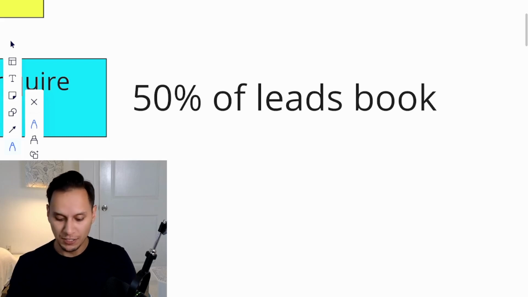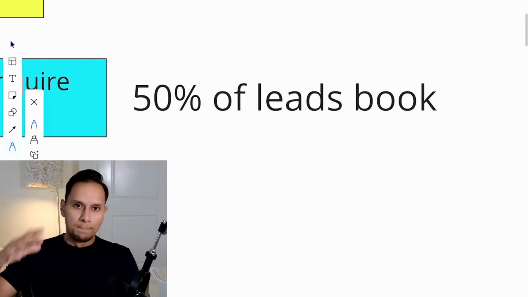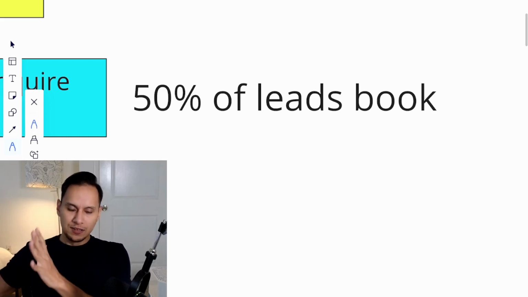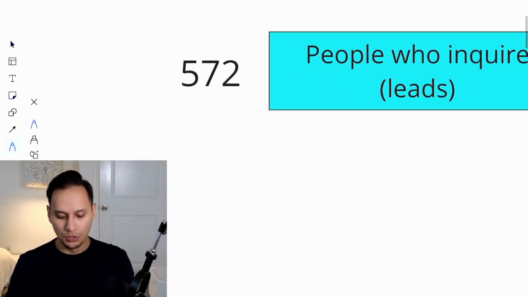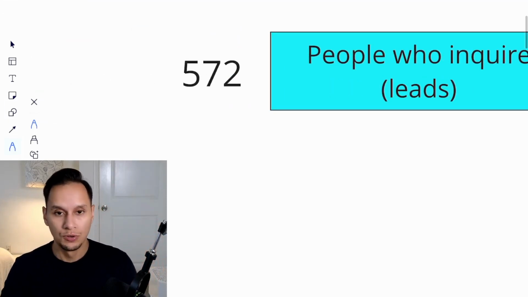With a 50% booking rate, meaning out of the leads that you get, 50% of them are going to actually book a trial, you need 572 inquiries. So you need 572 people who inquire so that you can get 286 of them to book a trial, so that you can get 200 of them to show up, so that you can get 100 of them to enroll.